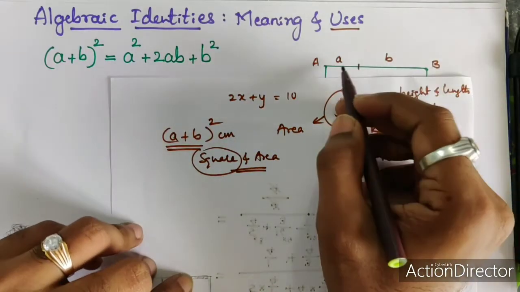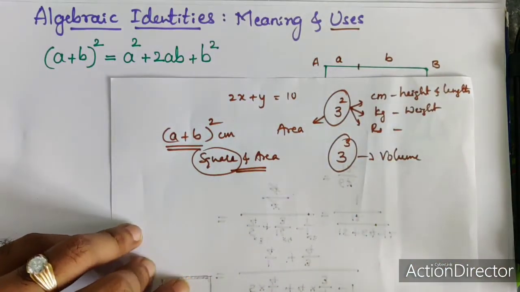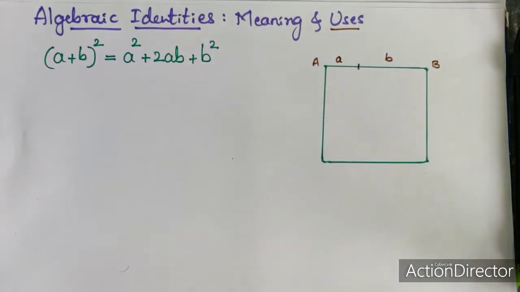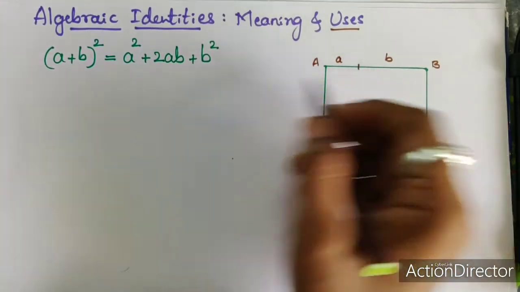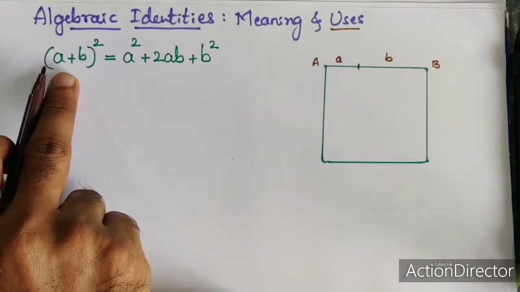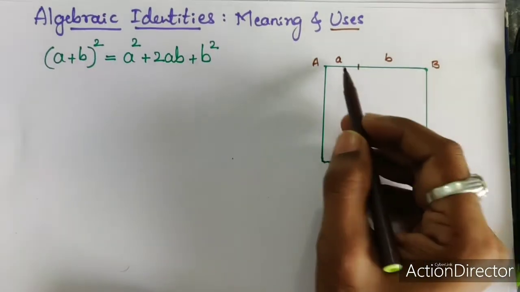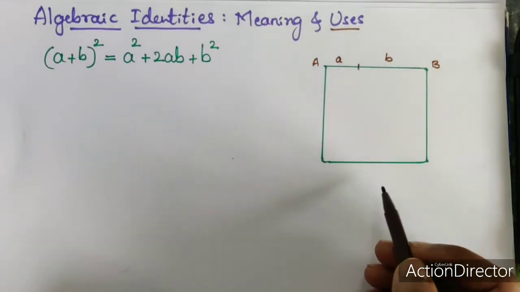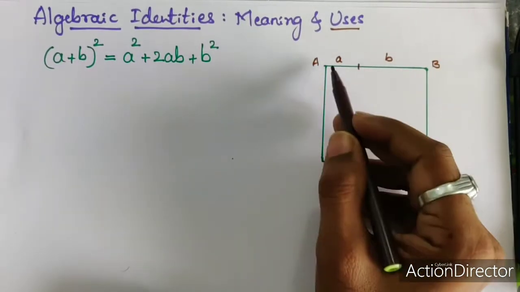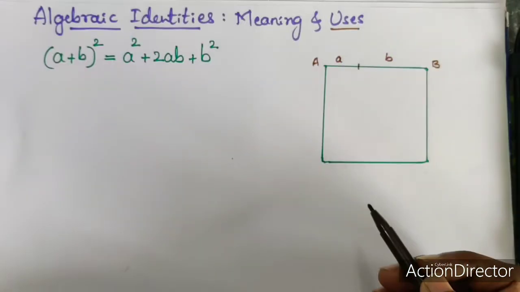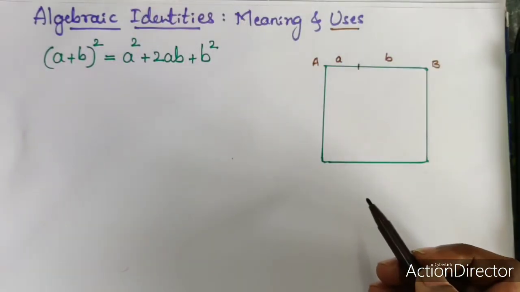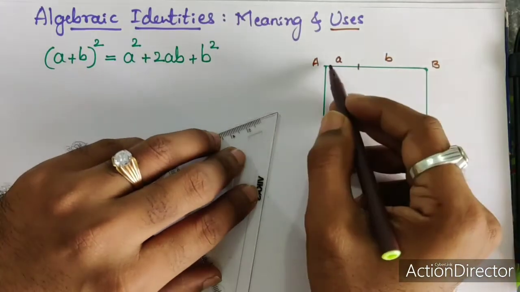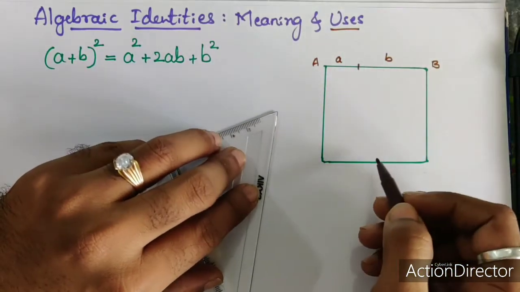So I have taken a plus b here, and we want to know the value of (a plus b) square. So on a plus b I have created a square, and if this is a square, all sides should be equal.